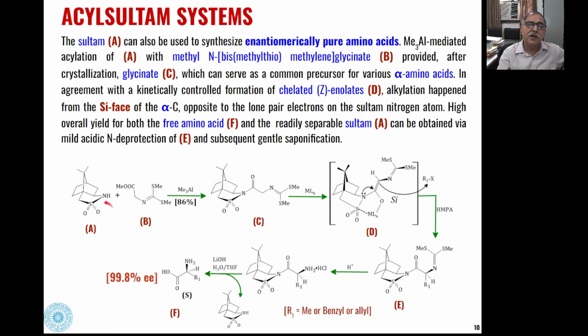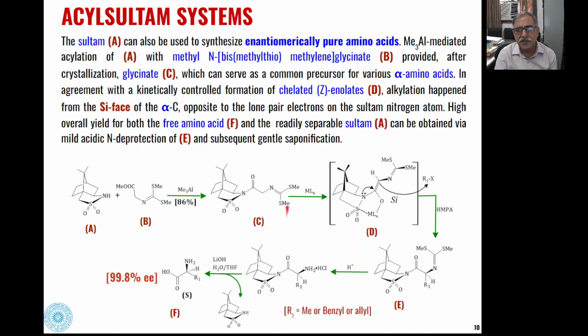So here, instead of N-acylation with carboxylic acid derivatives, these types of methyl and bis-methylthiomethylene glycinate derivatives are used for N-acylation to give us these types of glycinate sultam derivatives. These glycinate sultam derivatives can be used as precursors of various types of alpha amino acids.